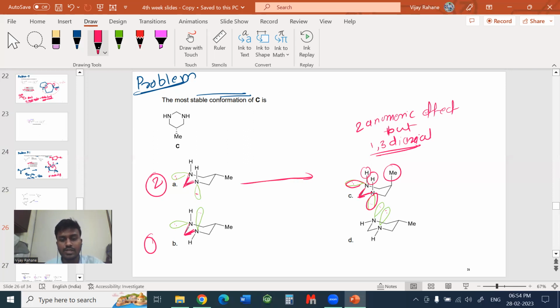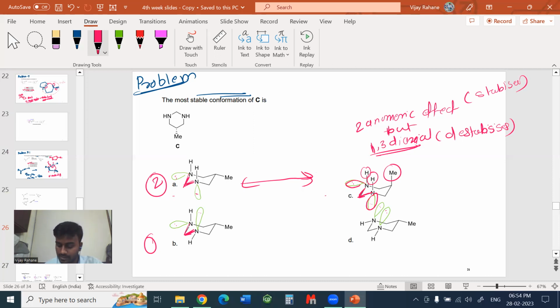If you compare these two, you can see it has this extra 1,3 diaxial interaction, which destabilizes, right? And the anomeric effect stabilizes. So the effect will be less for C1 compared to A.